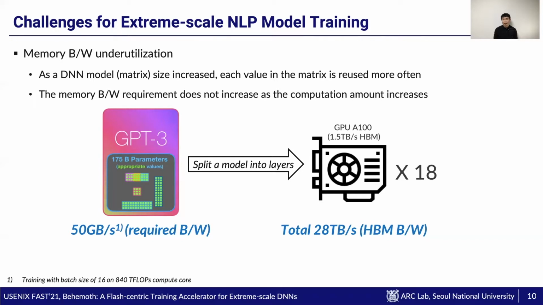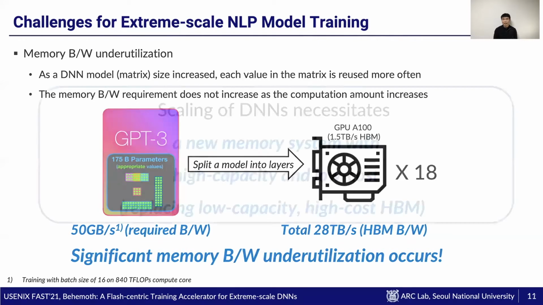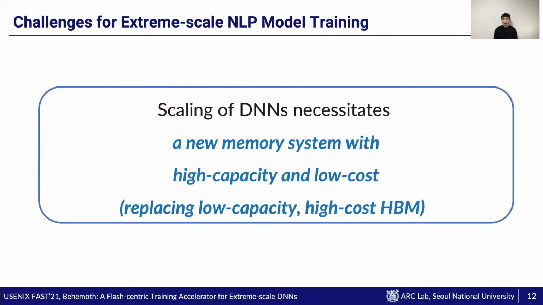Continuing with the previous example, GPT-3 requires 15 GB per second bandwidth when training with batch size of 16 on 840 teraflops compute core, while GPUs support in total 28 TB per second throughput. Consequently, a significant memory bandwidth underutilization occurs. Therefore, scaling of DNN necessitates a new memory system with large capacity and low cost.